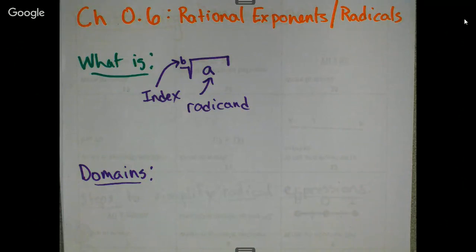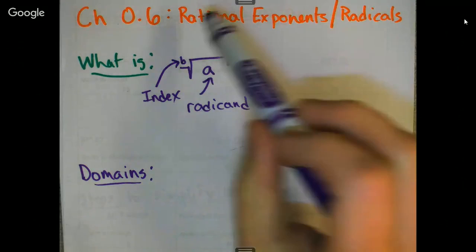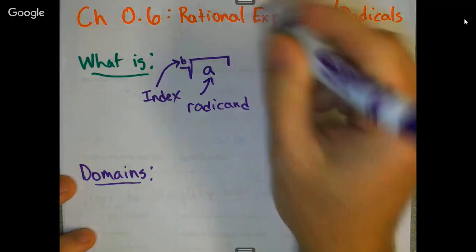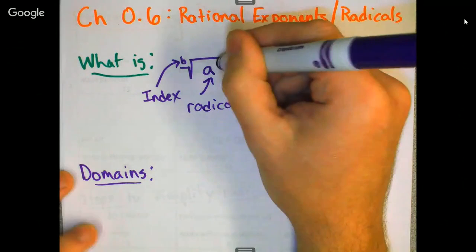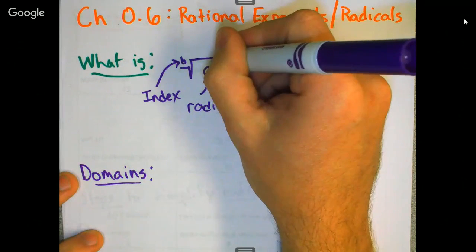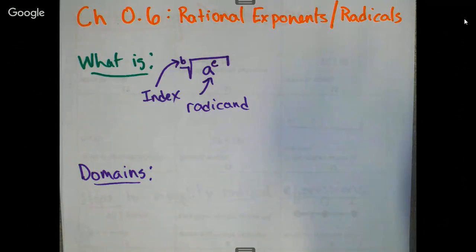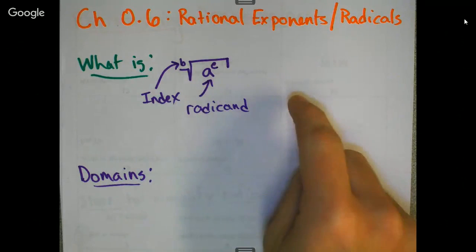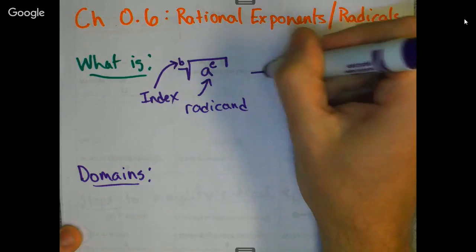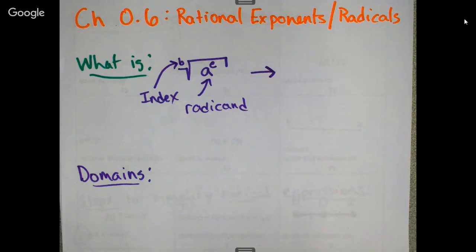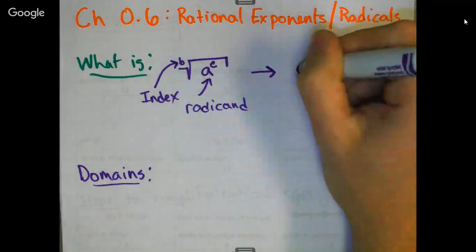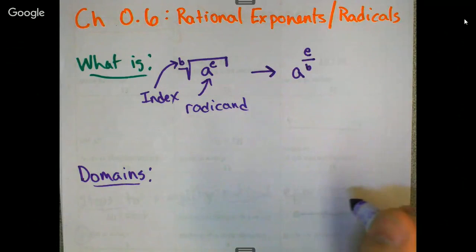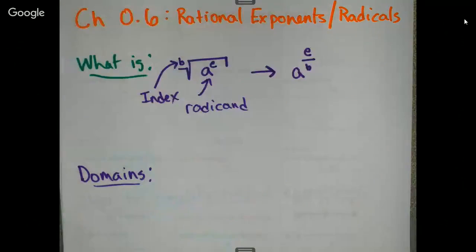Now, rational just means fractional exponents. We can also have an exponent in here; let's just call that E. If I want to change between this radical and a fractional exponent, it will look like this: A to the E over B. I refer to it as an inside-out fraction.